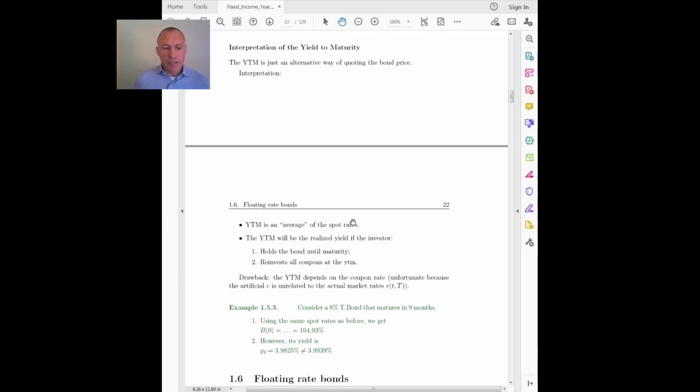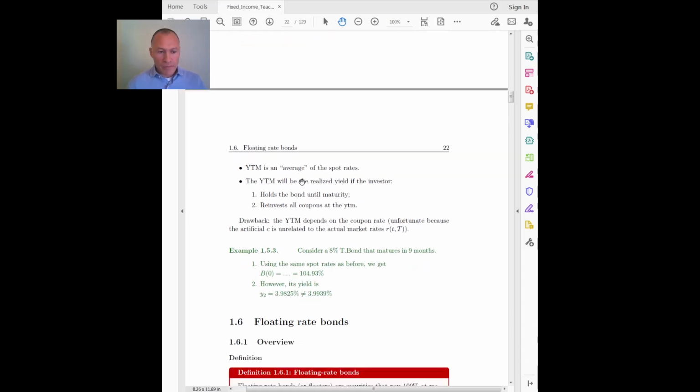Interpretation. So what is the yield to maturity? Again, this is just the other side of the same coin. If we know the price, we know the yield, and vice versa. But it's an interesting concept because it is more meaningful, easier to understand. However, there are some details that are not immediately obvious.